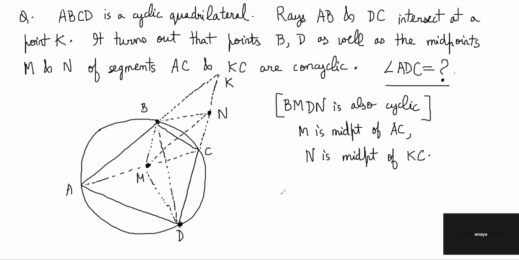But that doesn't really help us here, because we don't know any angle measures. We can say that angle ABC plus ADC is 180, and angle MBN plus MDC is also 180, but I don't know how to form a relation between them.